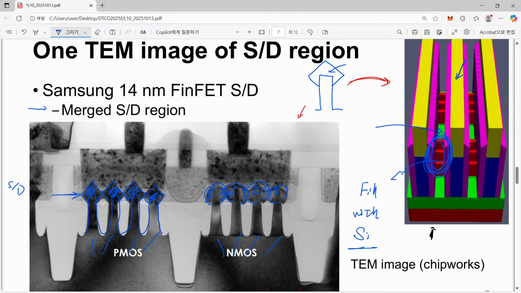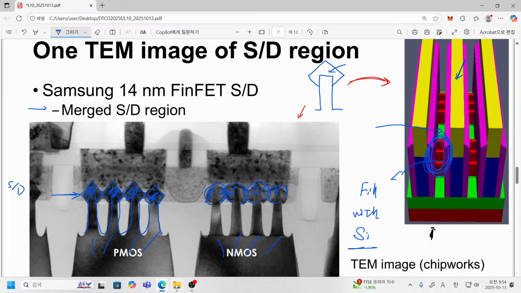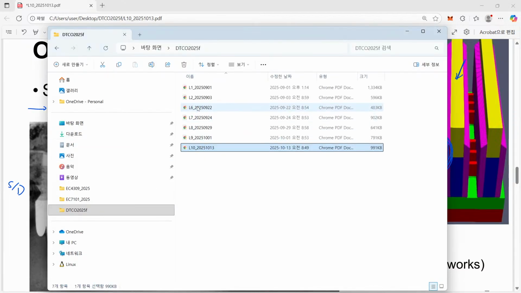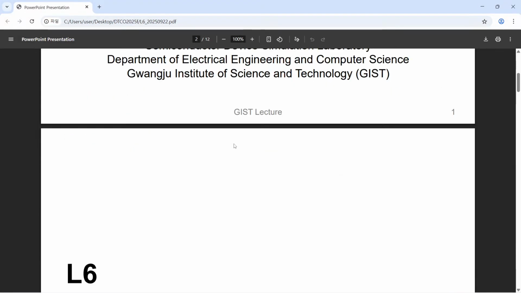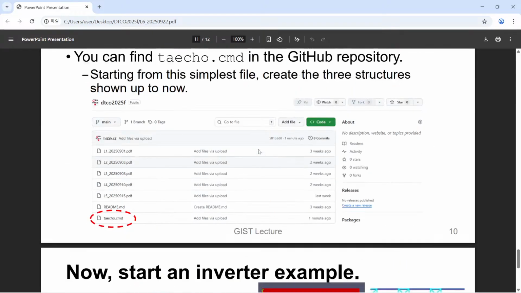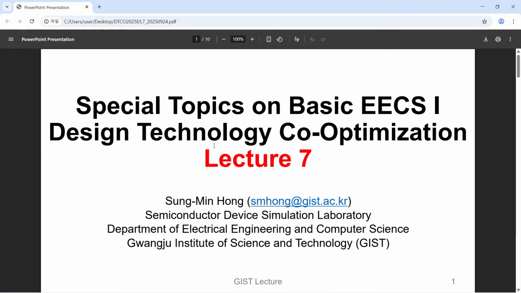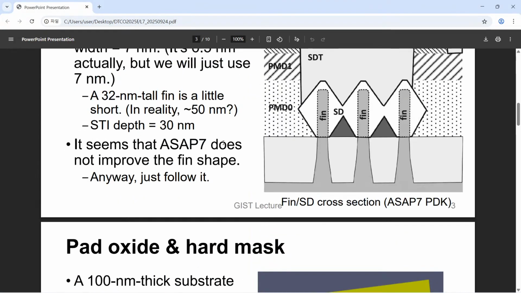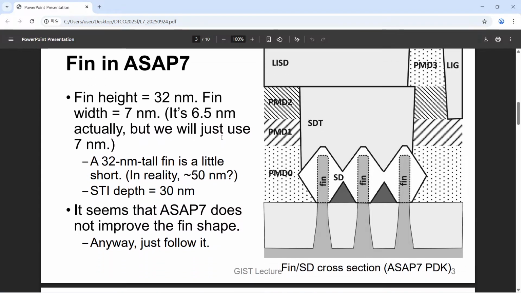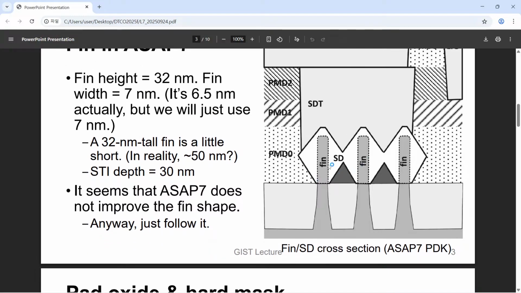So maybe you may remember our previous ASAP7. Yes, this is the assumed structure of our source and drain, and here we have 3 fins, and even in this ASAP cross section they assume that we have diamond structures and these diamonds are merged together.